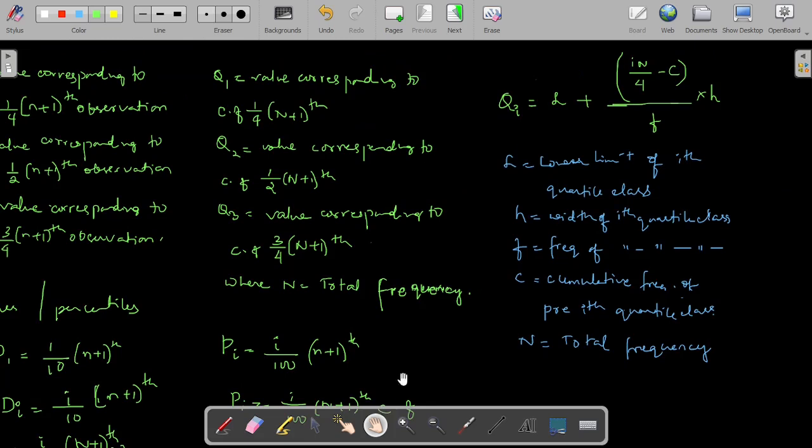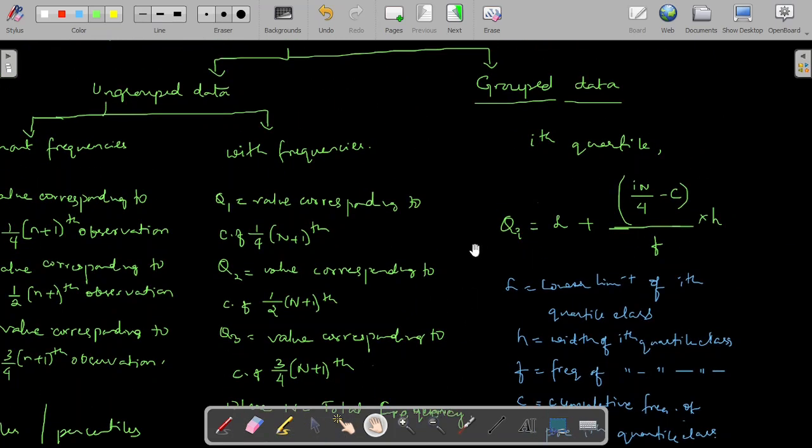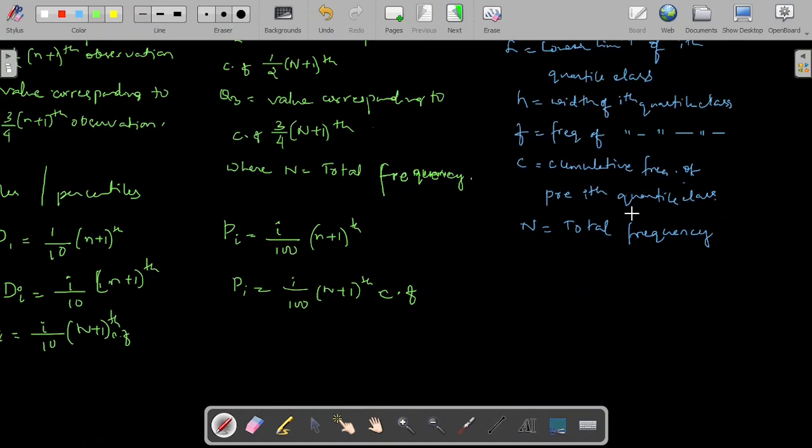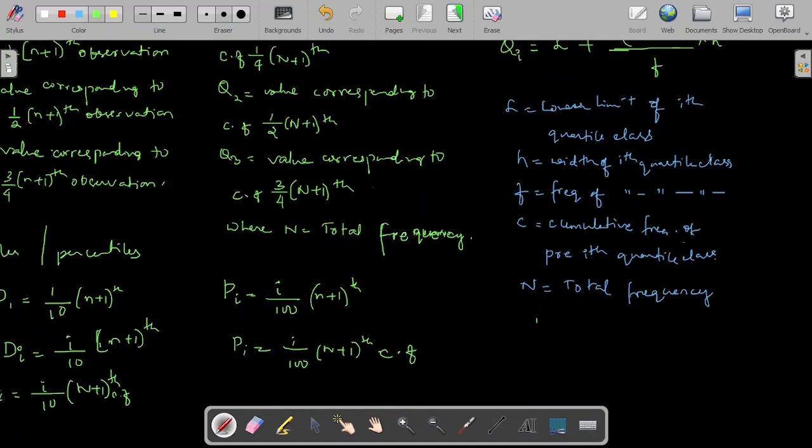Now for grouped data, so if you want to find out ith quartile or ith decile or ith percentile, Qi equal to, this is the formula, L plus (iN by 4 minus C) divided by F into H. Similarly, you have here deciles Di and Pi also.